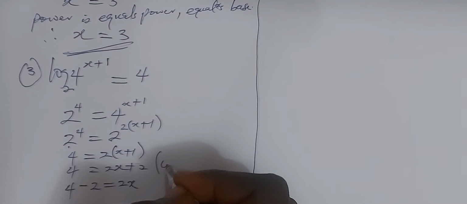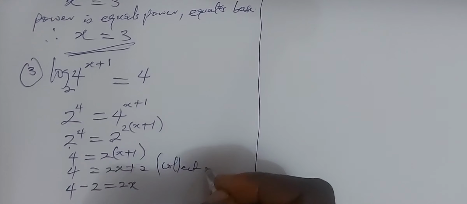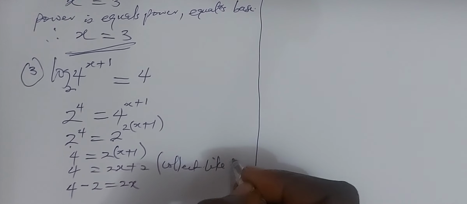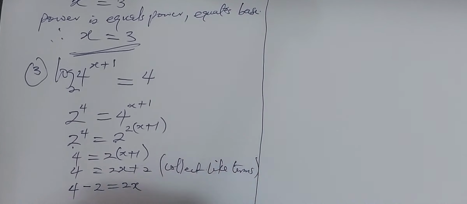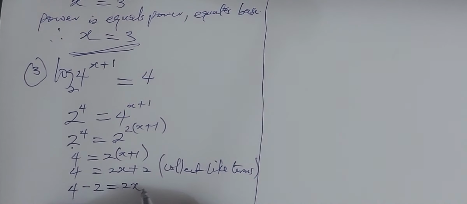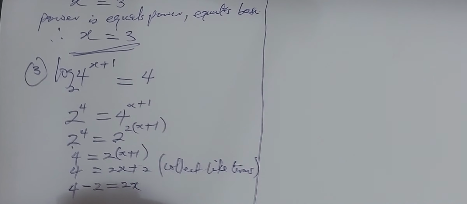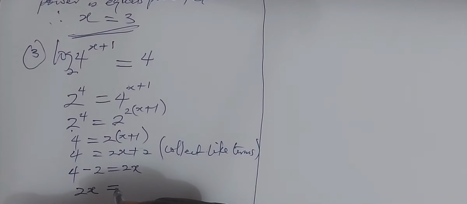We collect like terms, so we have 2x equals 2. Divide both sides by the coefficient of x, which is 2.